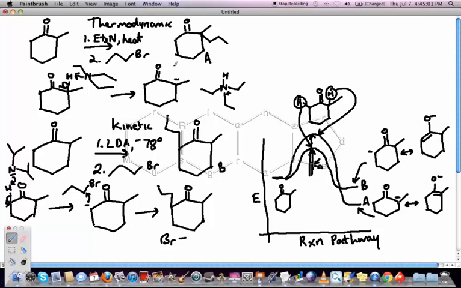And then we can have the negative attack the Br and kick out the Br. And that's how we're going to end up with the other product here. It's going to have the alkyl group on the more substituted carbon atom.